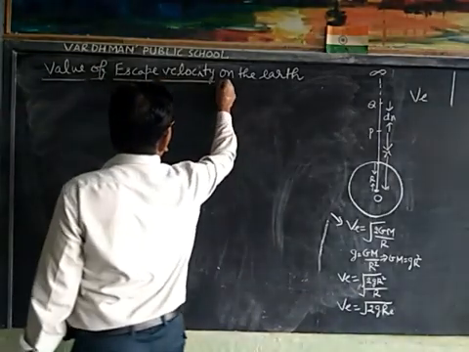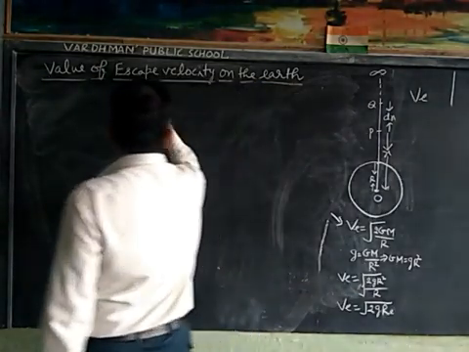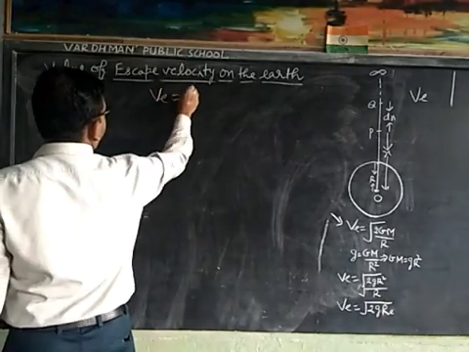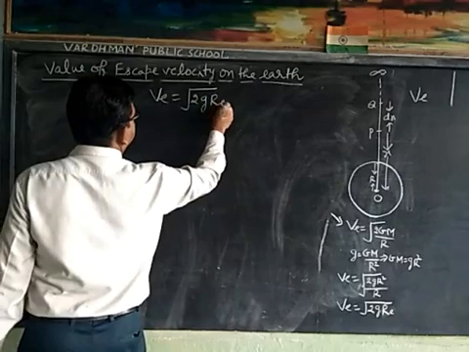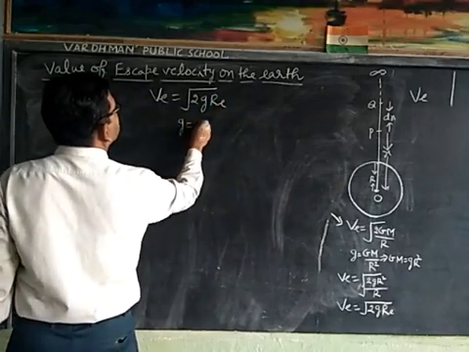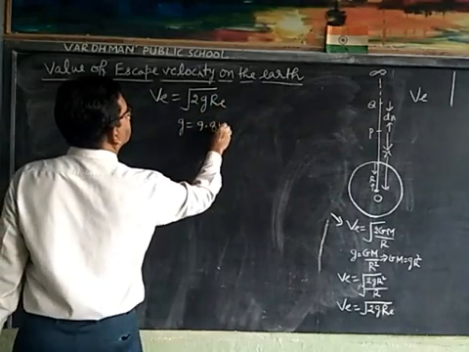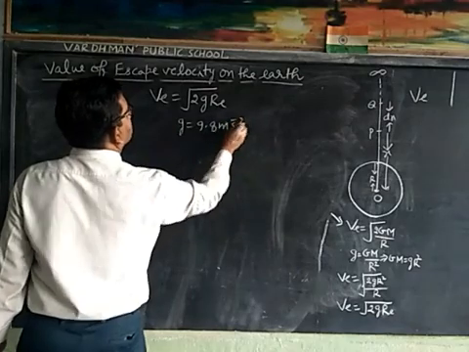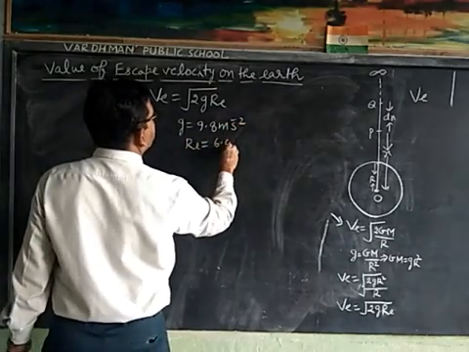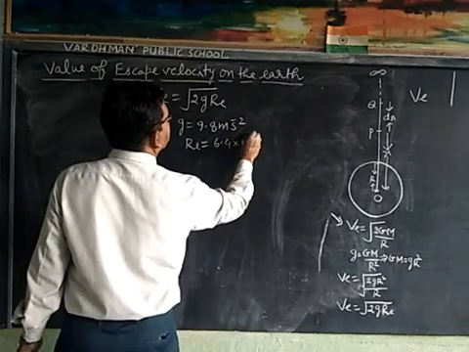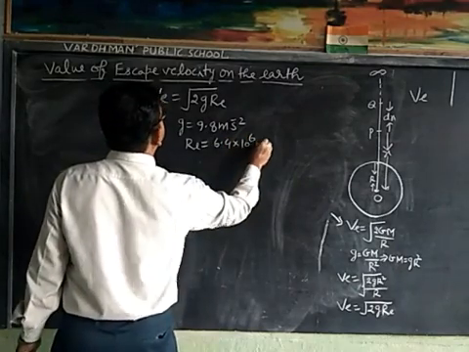We know V is equal to under root 2GRE. G is equal to 9.8 meter per second square. Radius of the Earth is 6.4 into 10 power 6 meter.